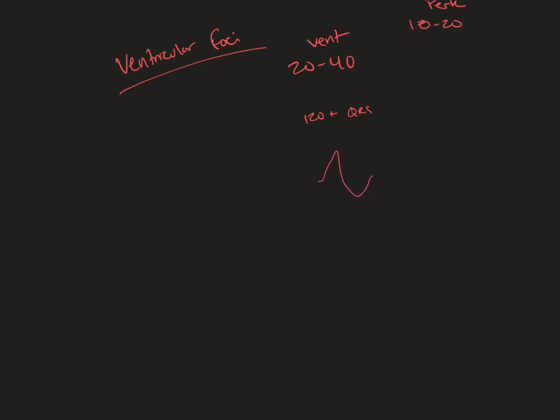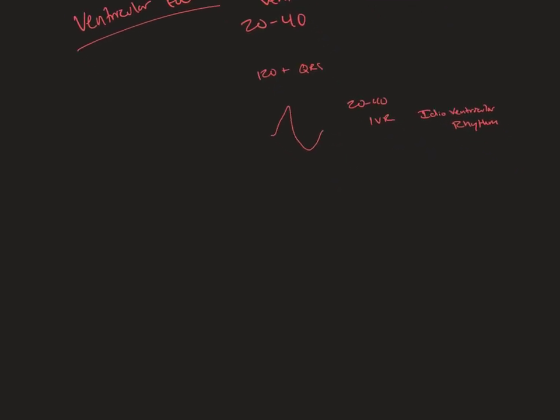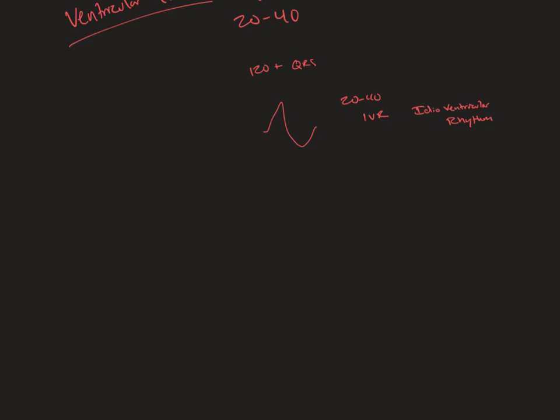So if you have a wide, ugly QRS with no P wave, and it's going 20 to 40, you have what's called an IVR, an idioventricular rhythm. So 20 to 40, ugly, wide QRS, no P waves, IVR. Okay? Or ventricular escape if you want to go that way.